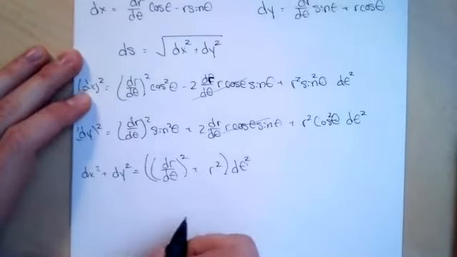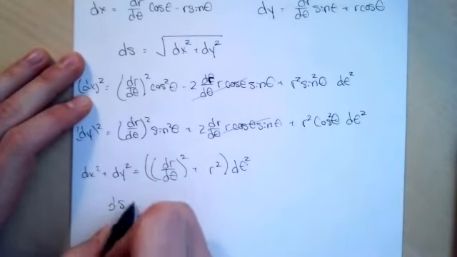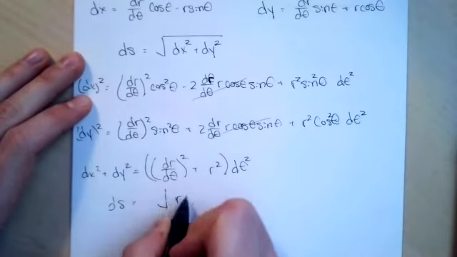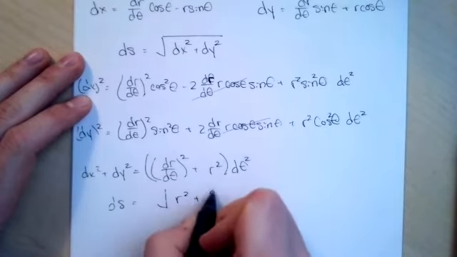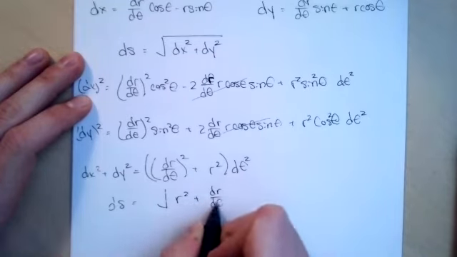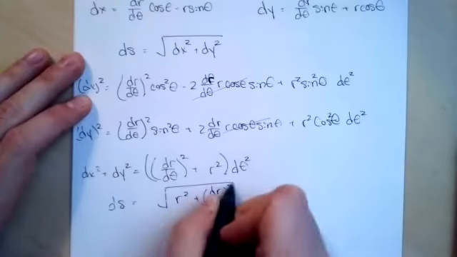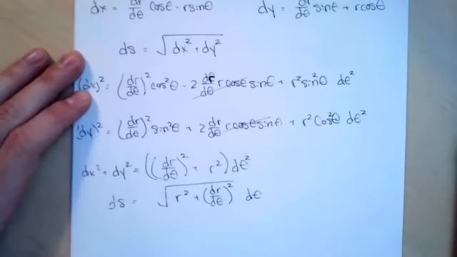But of course, when we take a square root of that, we now find that our ds is the square root of, they commonly put the r squared first, and then of course we bring out the d theta.